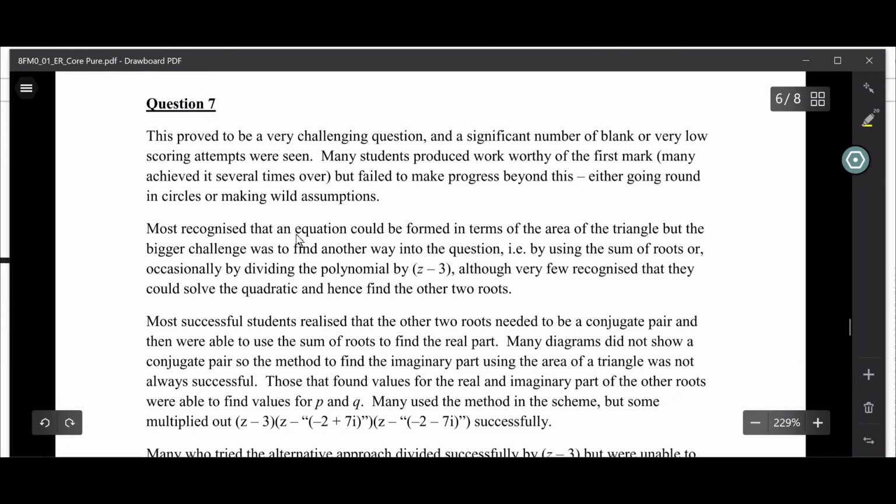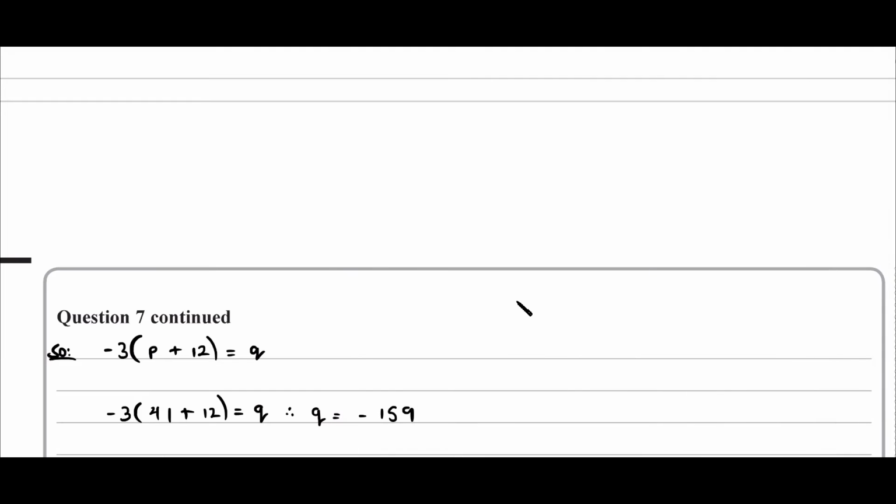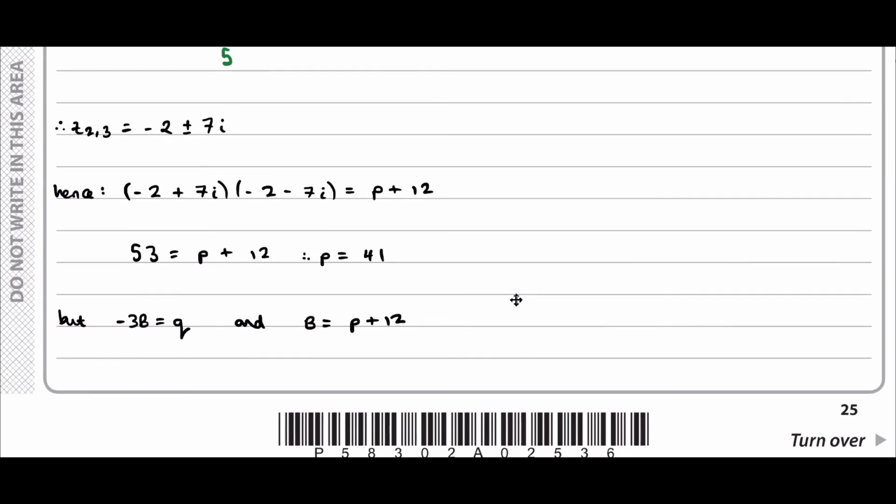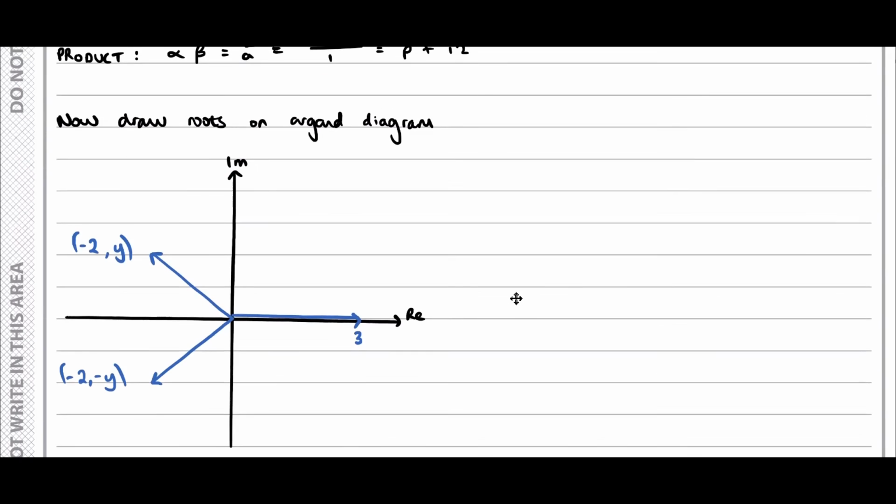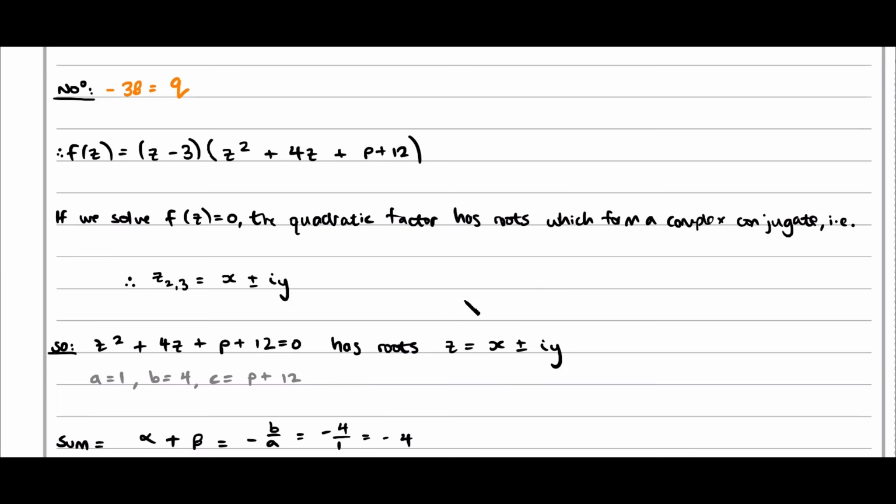Most recognized that an equation could be formed in terms of the area of the triangle, but the bigger challenge was to find another way into the question, i.e., by using the sum of roots, or occasionally by dividing the polynomial by z minus 3, although very few recognized that they could solve the quadratic and hence find the other two roots.